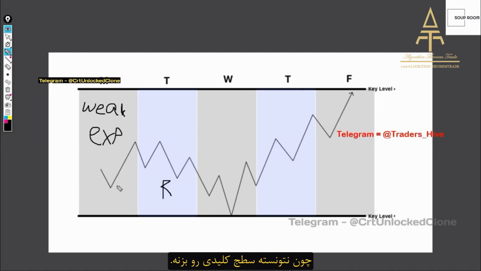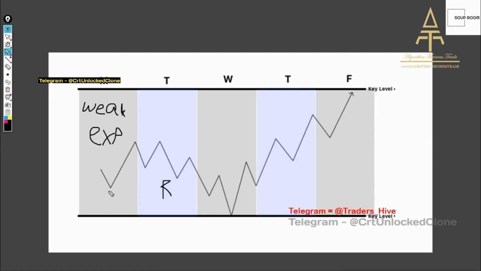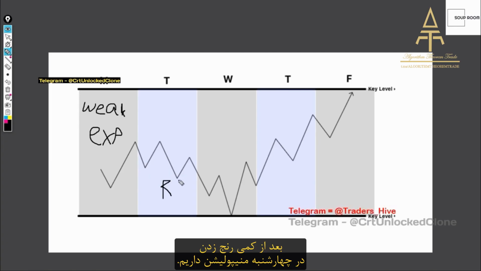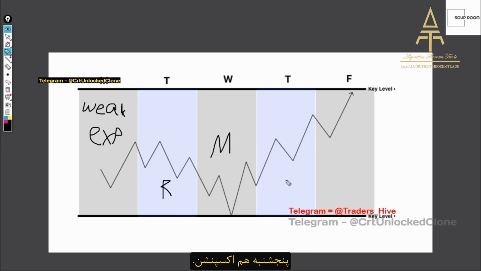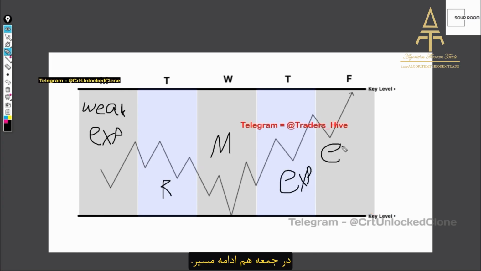Because we failed to hit a key level. Weak expansion, range inside bar, manipulation on Wednesday, expansion on Thursday, and continuation of the expansion on Friday towards the draw on liquidity, the opposing end, the opposite key level.